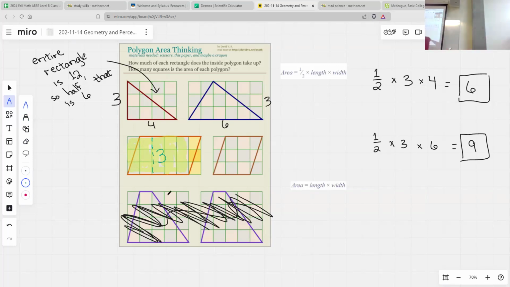Okay, what was the base of our parallelogram? Five. Yeah, don't count this extra little piece. That's not part of the one we're talking about. So all it is, 3 times 5 is 15. Similarly, for the other parallelogram, the height is 3, the base is 3, so 3 times 3 equals 9.